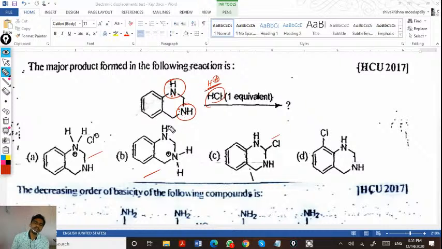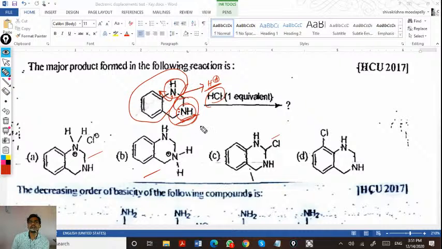This is the electrophile. Among these two, which could be a better nucleophile? The nucleophile which is non-conjugated will be the better nucleophile. Here it will be in conjugation, like an aniline system. Anilines are less basic when compared to the secondary amines, which are non-conjugated. So this will be more basic or more nucleophilic.